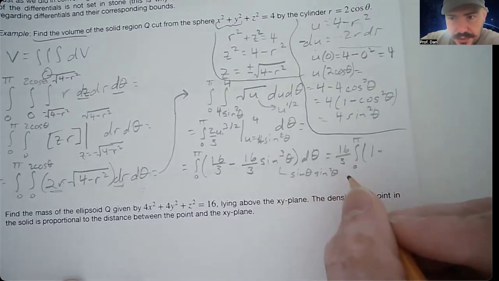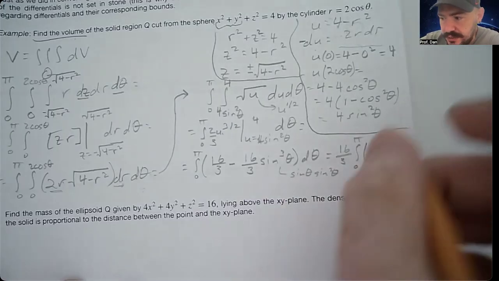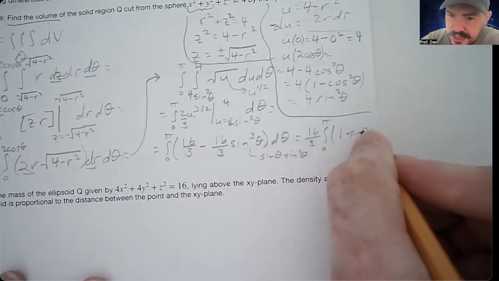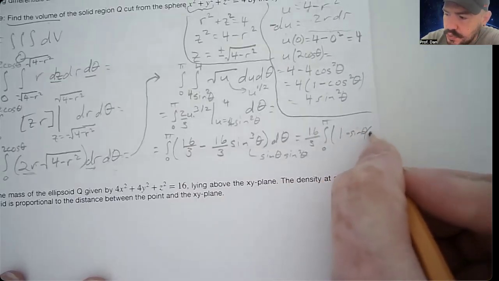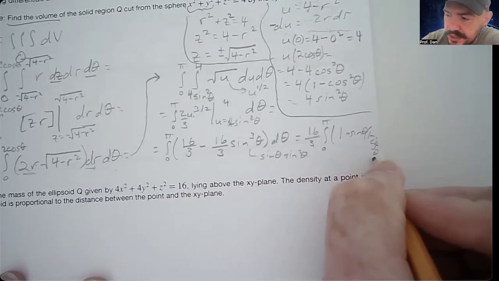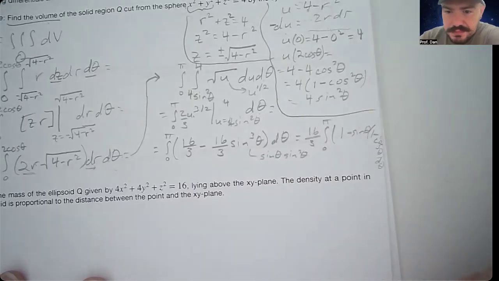We can rewrite sine squared theta as 1 minus cosine squared theta. So ultimately, this is going to be minus sine theta times 1 minus cosine squared theta. Oh my God, that is a mess.